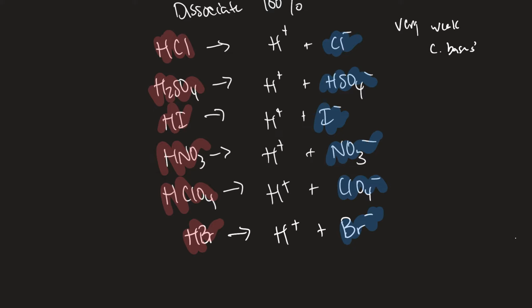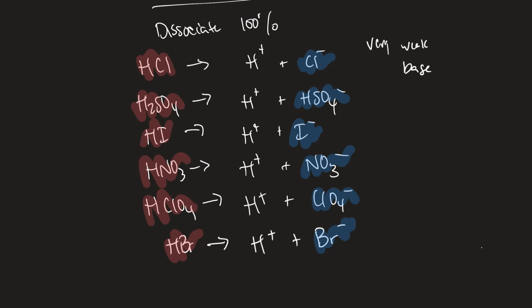Now what does it mean to have a weak acid or weak base, which is the exact opposite of a strong acid or strong base? Remember, strong acids and strong bases dissociate 100%.